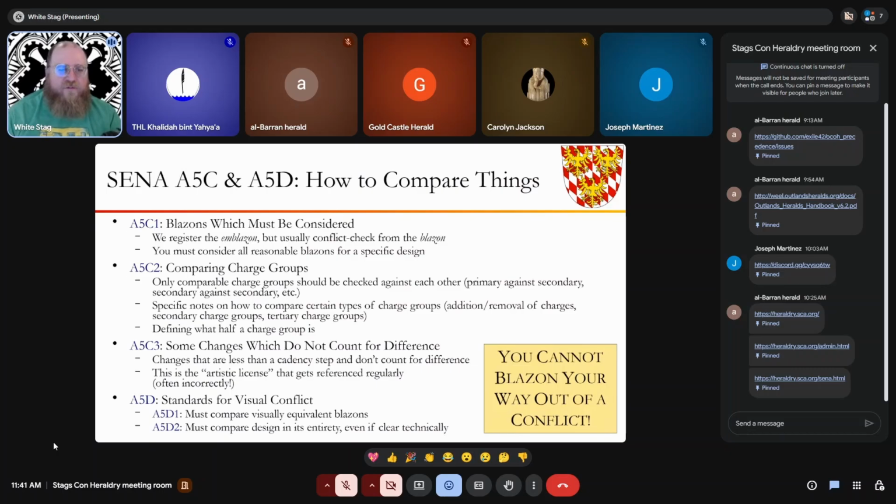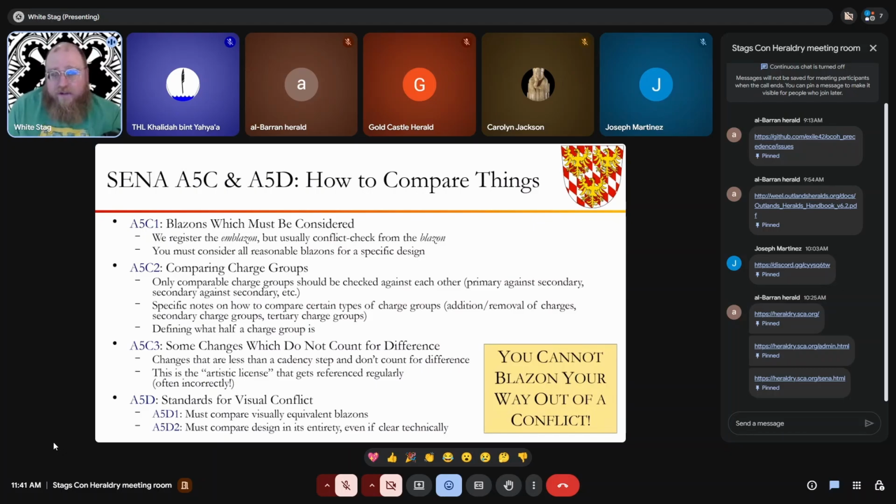Comparing charge groups. This is why we went through the exercise of talking through charge group theory. You only check comparable charge groups. Excuse me, that should be primary against primary. I will fix that before I upload the notes. You can only compare primary charges to other primary charges, secondary charges to other secondary charges, etc. That's why it's important, for example, when we're talking about the Outlands armory, that the crown is not so small that it's a tertiary.